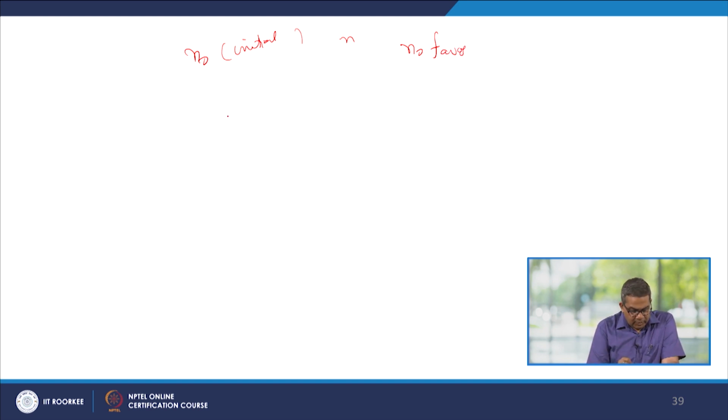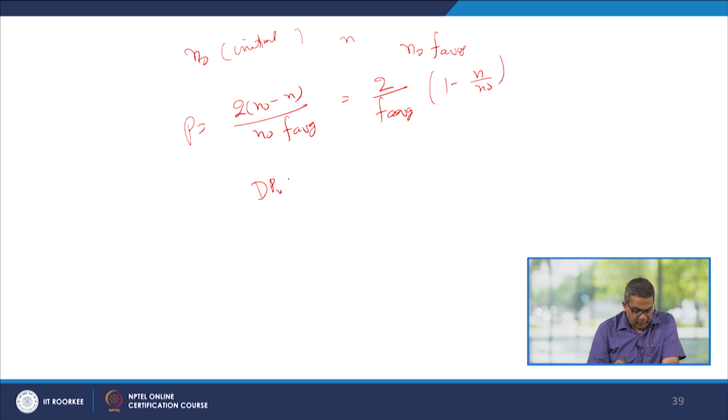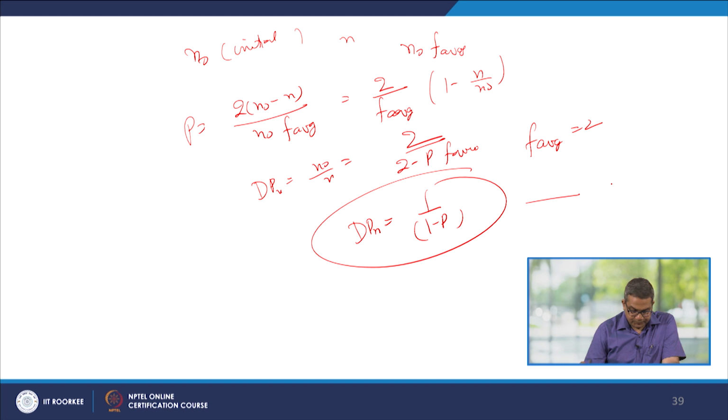Therefore, the fractional conversion is given by P equal to 2 into (N naught minus N) over N naught f average, and that is given by 2 over f average into (1 minus N over N naught), or Xn is equal to N naught over N, which is 2 over (2 minus P f average). Now, when f average is equal to 2, where there is an AB monomer, then Xn is equal to 1 over 1 minus P. This is our equation number 10.